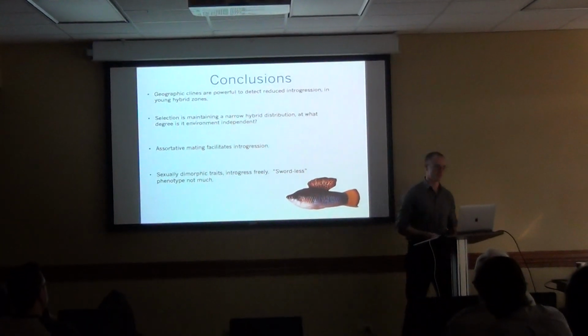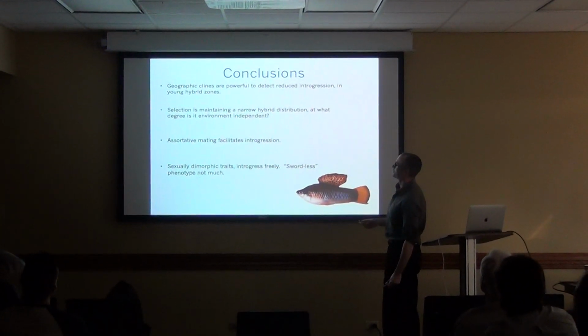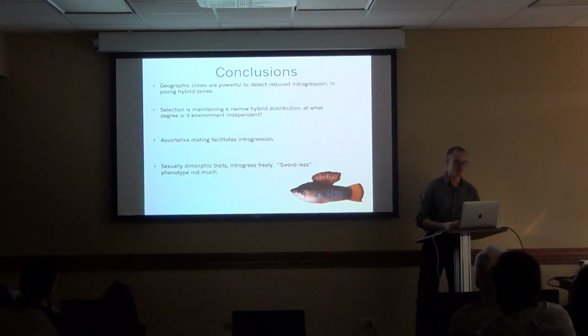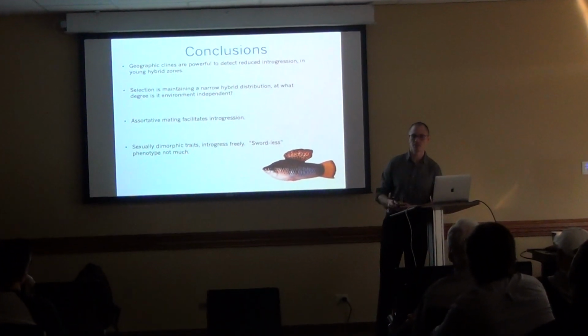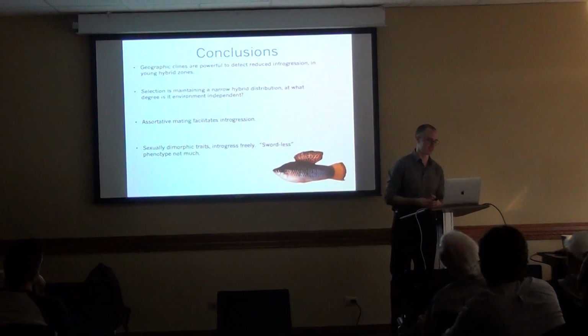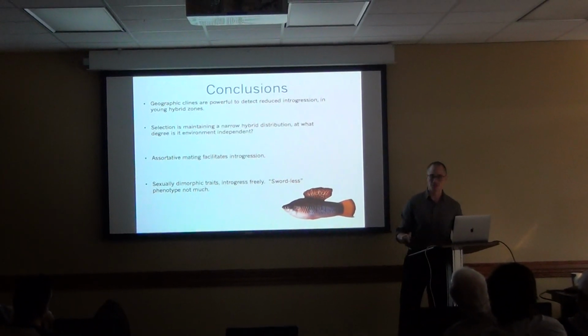So it will be really interesting if there is indeed reproductive isolation. Selection is maintaining this narrow hybrid distribution, but to what degree is this environment independent, or is it just intrinsic selection happening? And we know that assortative mating is also facilitating introgression.